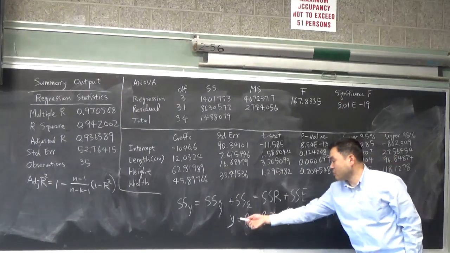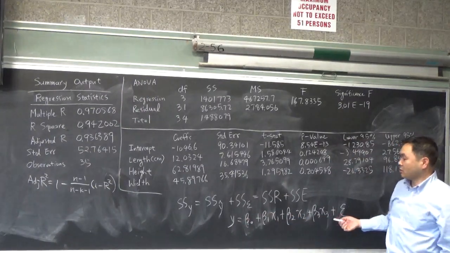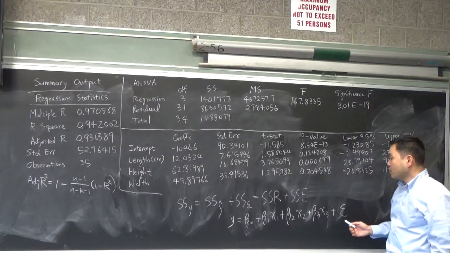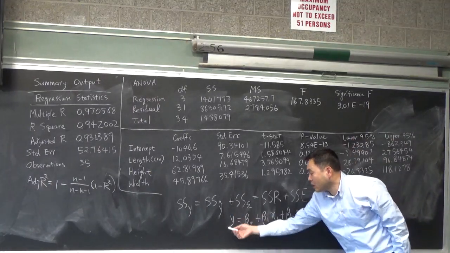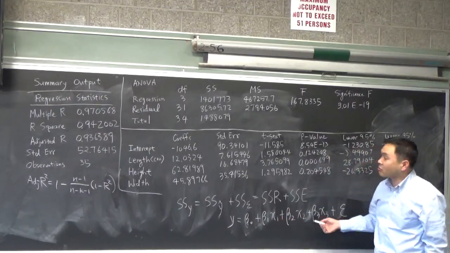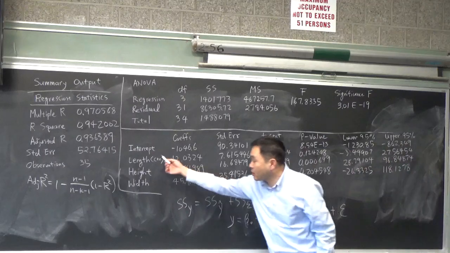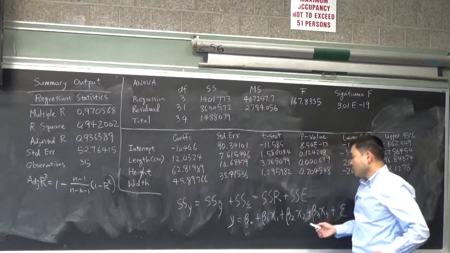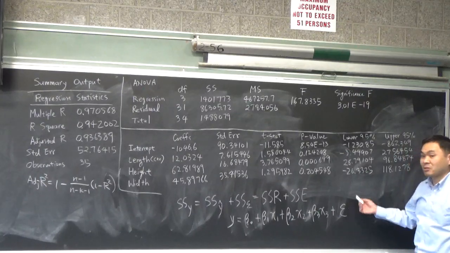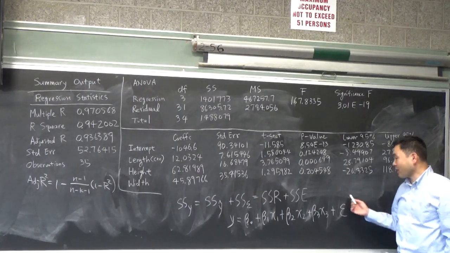That's the way we model linear regression. Multiple linear regression assumes that the final output of y is some linear function of 3 variables, x1, x2, x3, being length, height, and width, plus some constant, plus some error, which is due to something that you can't control. It's more like a random variable here.